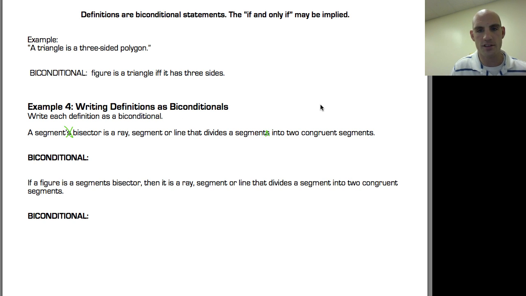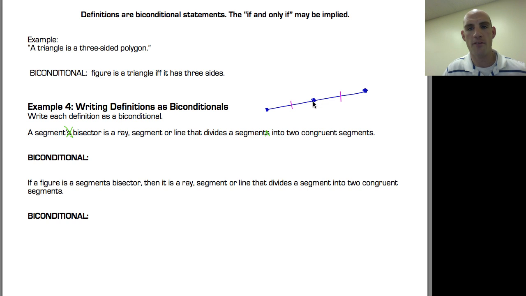If I want to draw this out, this is what it looks like. If I have a segment here, and I'm going to call this the bisector, which means that these two sides here are going to be congruent, so I'll mark them as such.